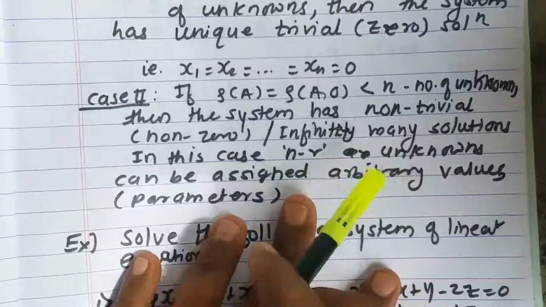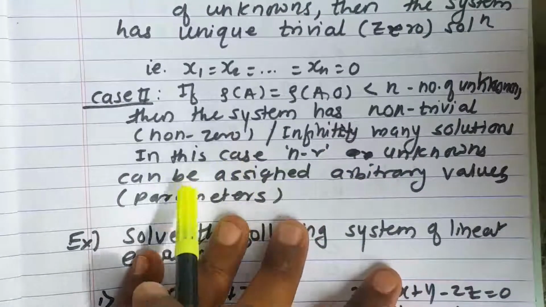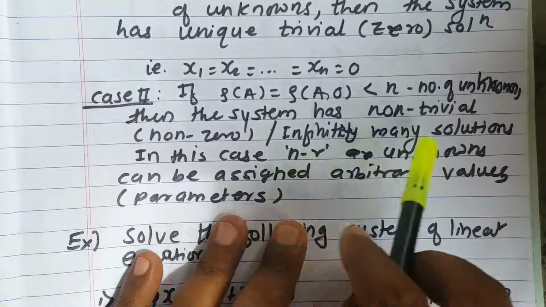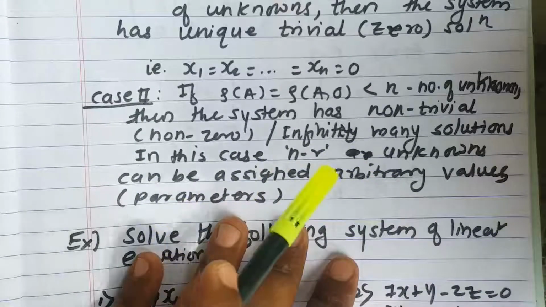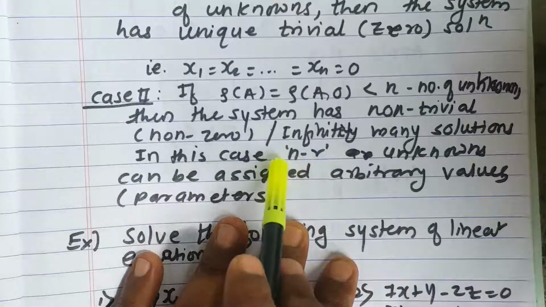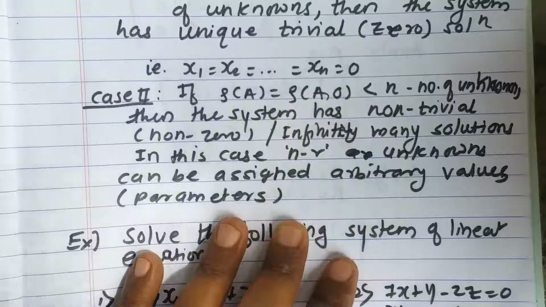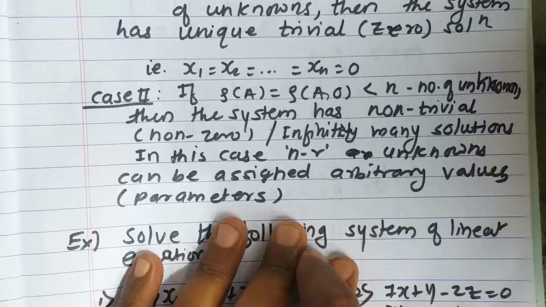Now for determining these infinitely many solutions, we set n minus r unknowns to be assigned arbitrary values, that is parameters. So whatever difference you get between the number of unknowns and the rank. Suppose the rank is 2 and the number of unknowns is 4. So the difference will be 4 minus 2, that is 2.